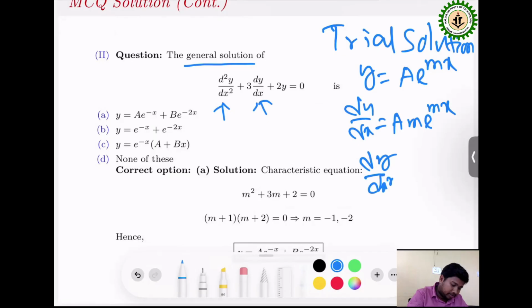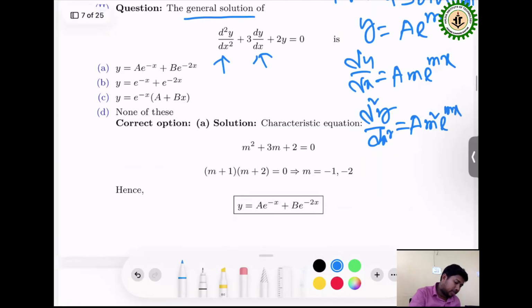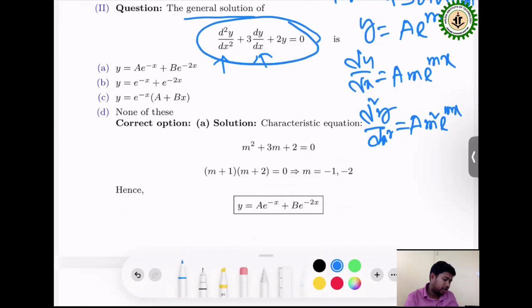d2y by dx square equal to a m square e to the power mx. Now put this value from this equation, d2y by dx square plus 3 dy by dx plus 2y equal to 0.